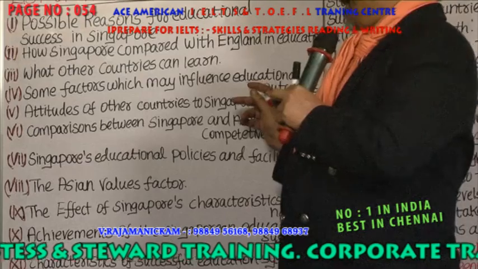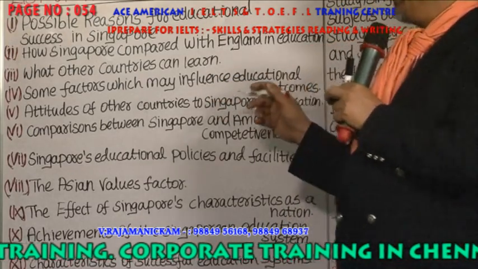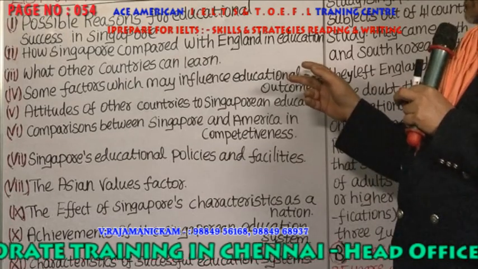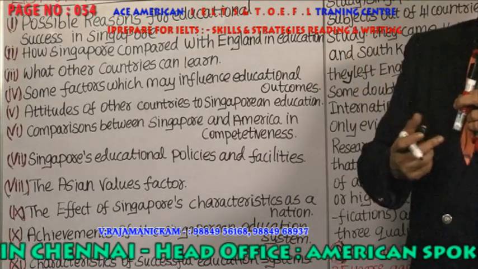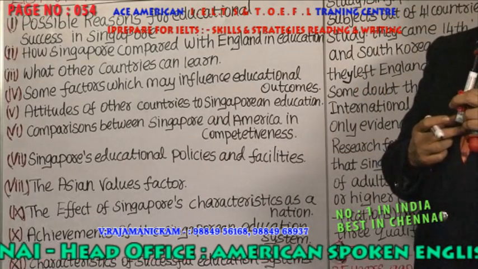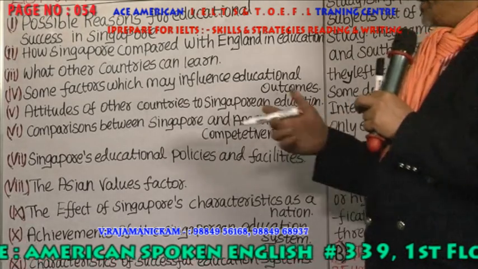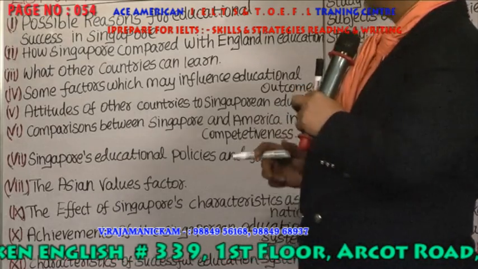And coming here, some factors which may influence educational outcomes. Some factors means some reasons. Then the benefits of education, what others can learn. So, attitudes of other countries to Singapore education.